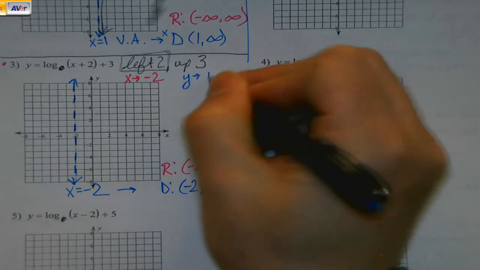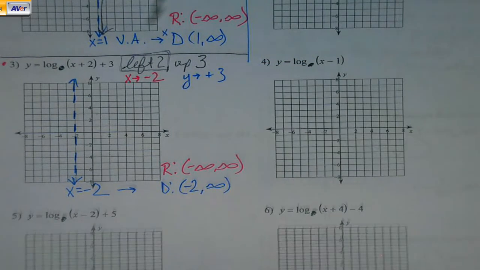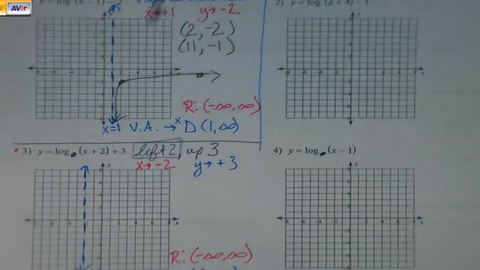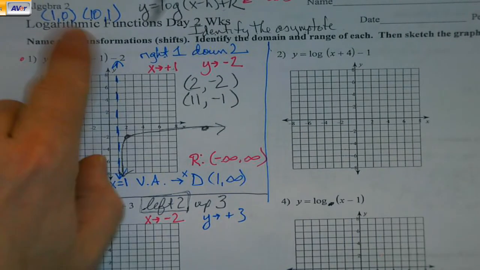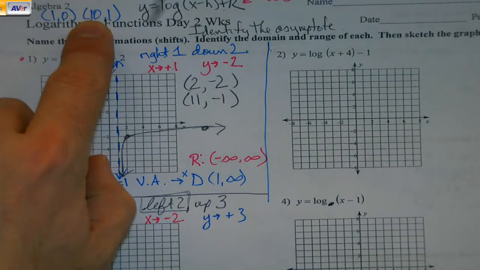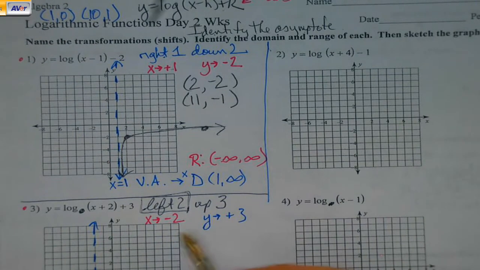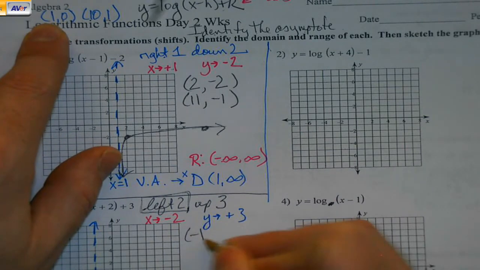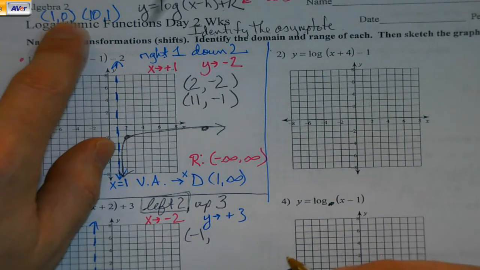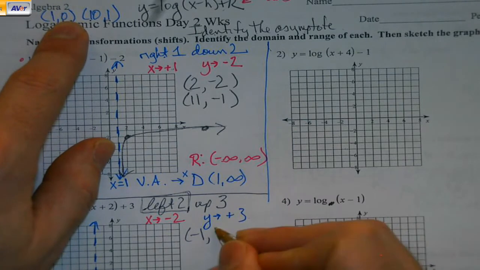So for my y values, I'm going to plus 3. And I've got to keep in mind again, those are my 2 parent points every time. So basically, I'm just doing these functions to these. So 1 minus 2 is negative 1. 0 plus 3 is 3.